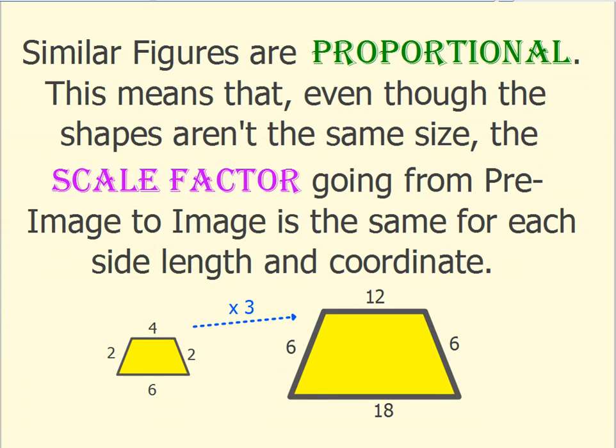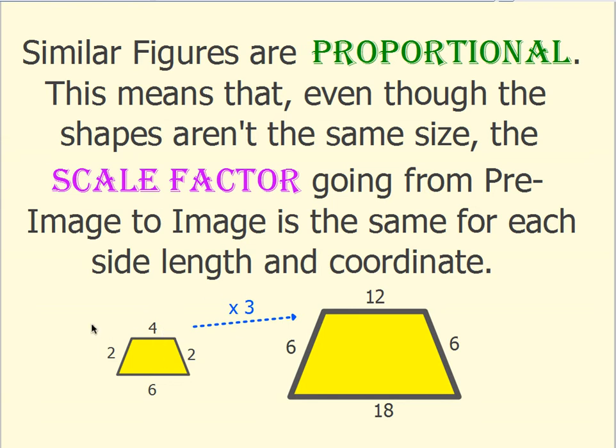So in similar figures, we say that these shapes are proportional, right? Which means that we're going to use a scale factor to take us from pre-image to image. So that scale factor applies to our side lengths, right?